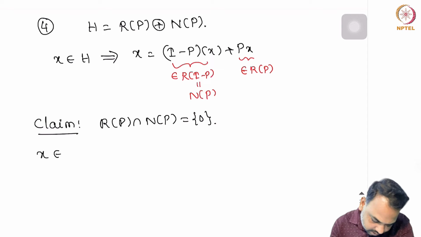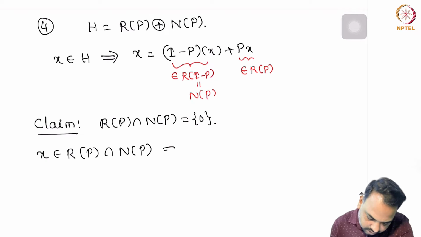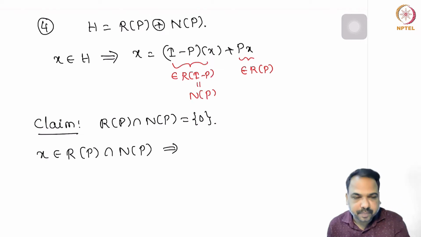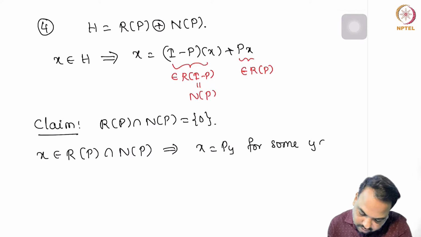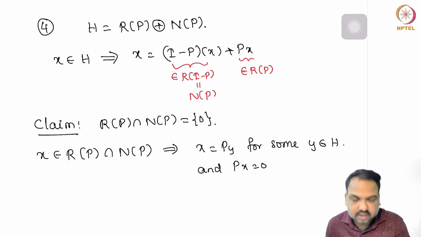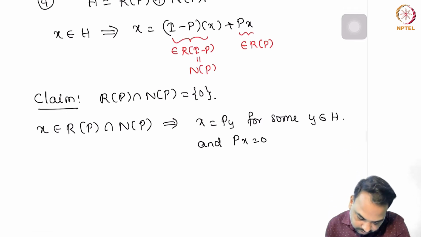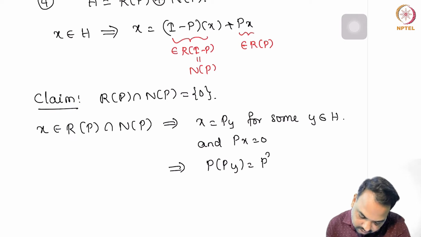Whenever x is in range of P intersection null space of P, since x is in range of P, x equals Py for some y, and Px is 0 because x is also in null space of P. So from this we can say that P of Py, that is P square y, that is Py, equals 0.